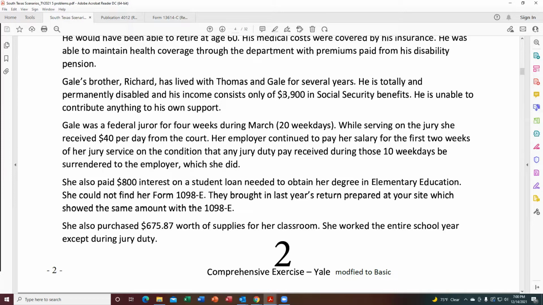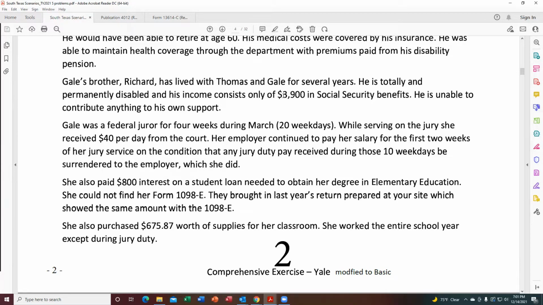Well, because his only source of income is Social Security benefits, and he did not provide for his own support, then that 4,300 wouldn't take effect in his case, as long as he's able to show that he's not providing for his own support.